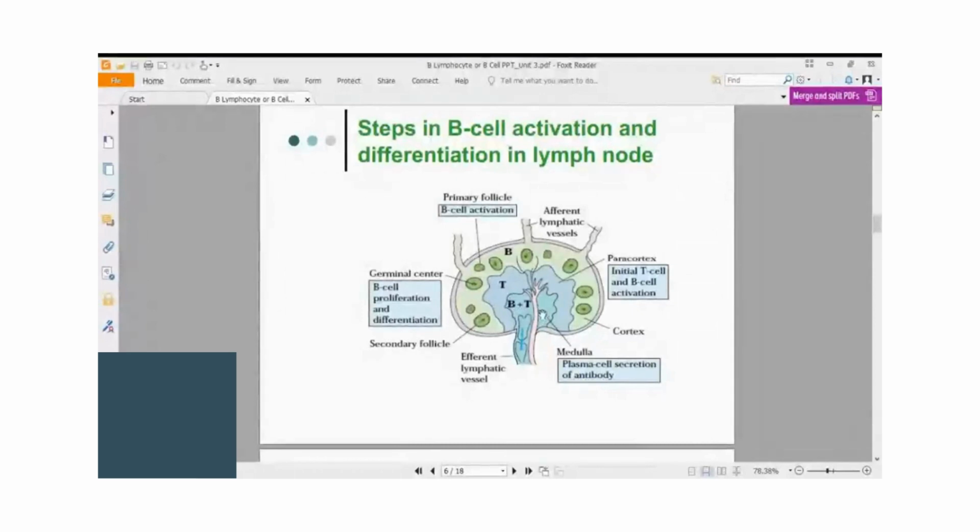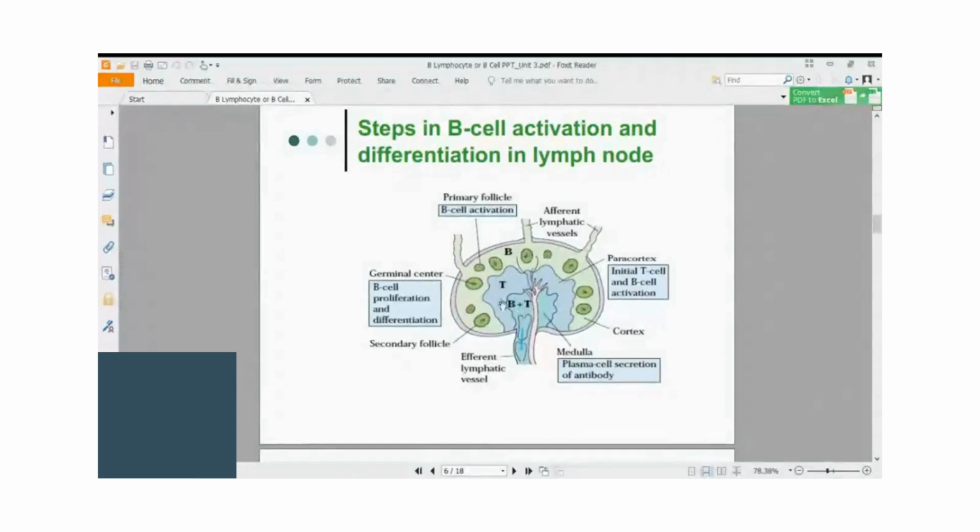In the medulla area, the B lymphocytes have undergone differentiation to become plasma cells, and these plasma cells are responsible for antibody production. So a copious amount of antibodies is produced in the medulla area of the lymph node, and that antibody is drained through the efferent lymphatic vessel, and it goes to the different parts of the body.